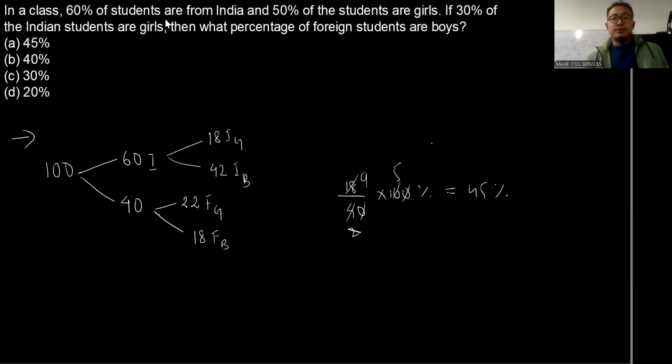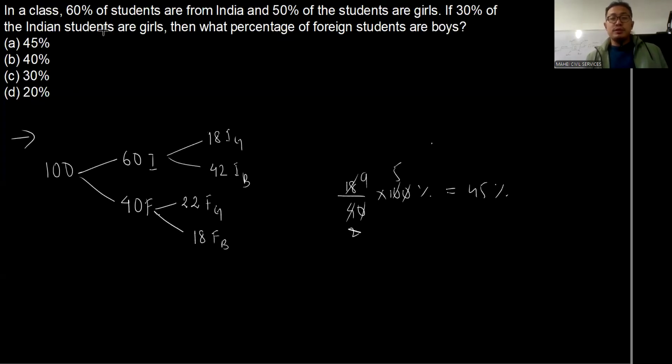In a class, 60% students are from India, and 40% are from foreign countries. Now, out of this, 50% of the students are girls.